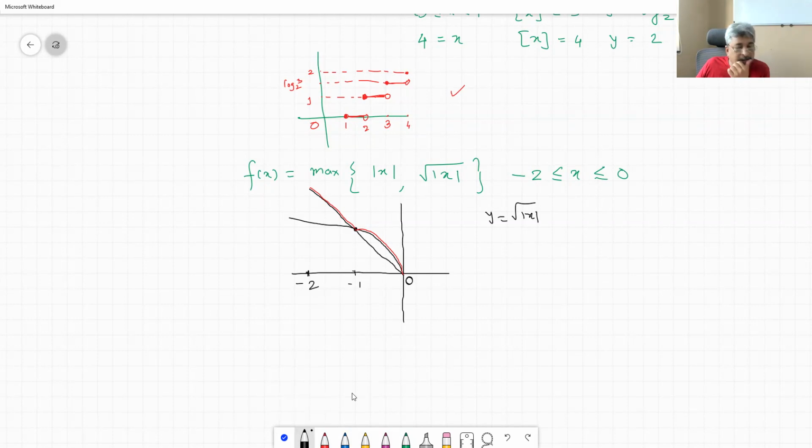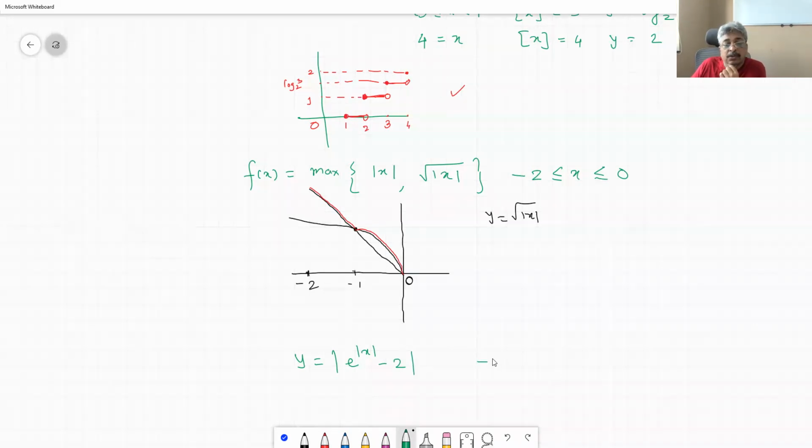Simple. Last one in this series, y is equal to mod of e raised to mod x minus 2, absolute value. And how much should you draw?